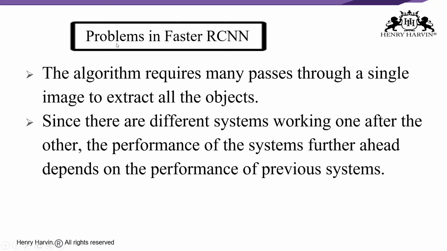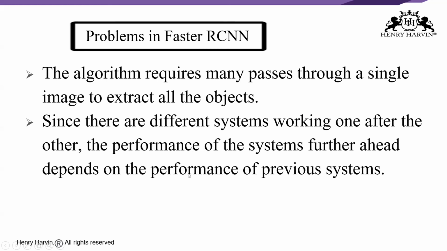So there are some complications: the algorithm requires many passes through a single image to extract all the objects. When you take a single image, it takes different regions. And since there are different systems working one after another, the performance depends upon the performance of the previous system, right?